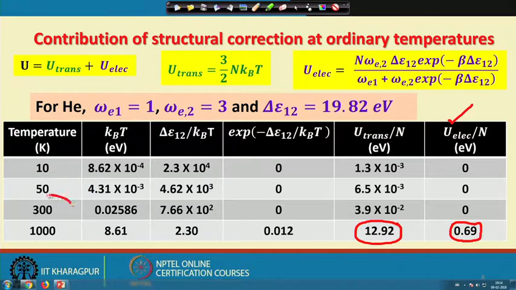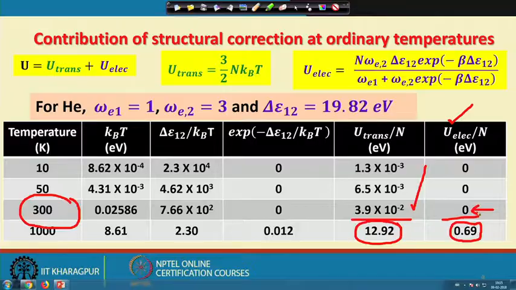Therefore, if I am looking at the behavior of particles at say 300 Kelvin, I find the total internal energy of the system is dominated by the translational energy of the structureless particle, and the relative contribution of the underlying electronic structure is very, very small.